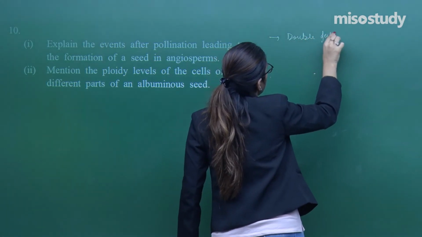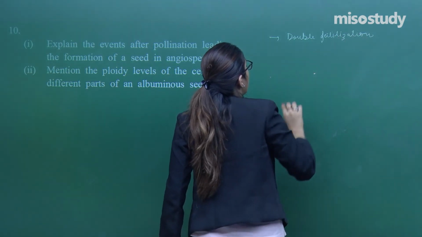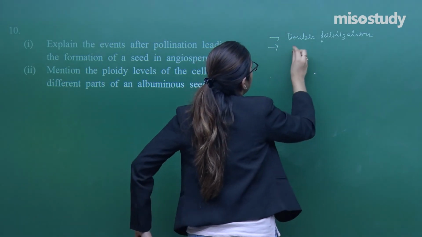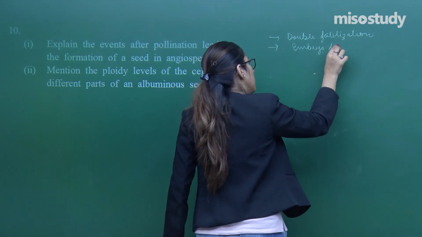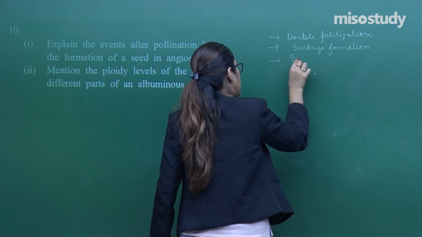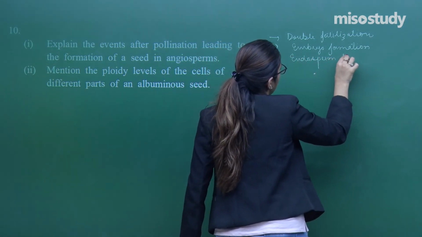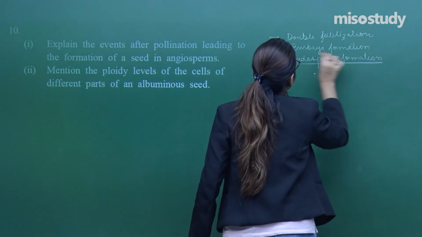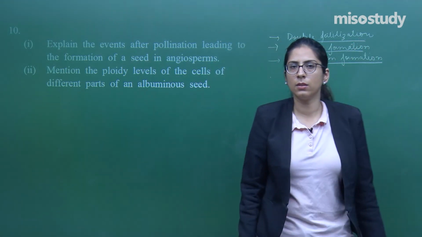Hope you remember the session I have discussed regarding double fertilization. Very, very important step. Second, you have to explain the embryo formation. You also have to explain the endosperm formation. All these processes you have to explain with neat and clean diagrams, right?